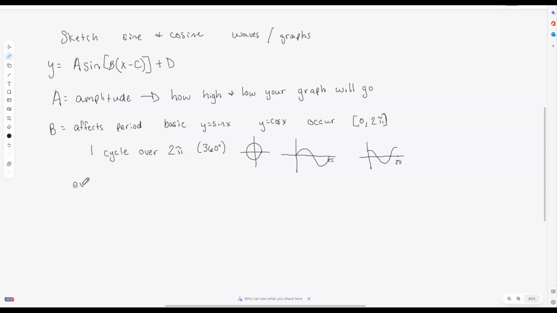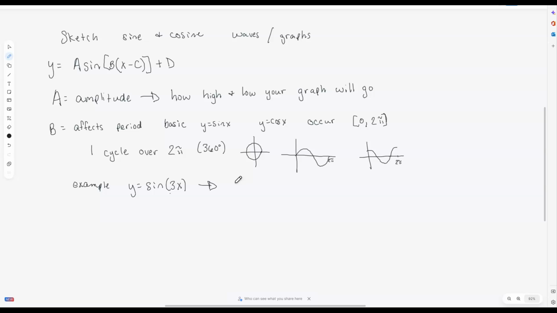So let's look at an example and say that y equals the sine of 3x. I haven't changed anything except that now instead of just the sine of x, I have the sine of 3x. You can think about this in two different ways.